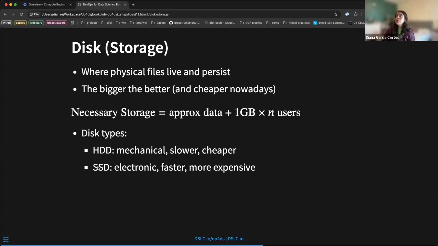And when we're using the cloud, again, it will depend on your tasks, but the type of disk that you're using actually matters.